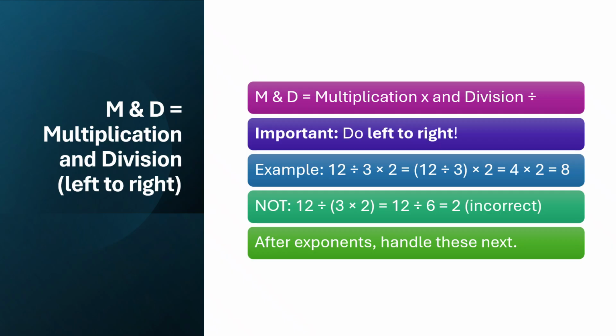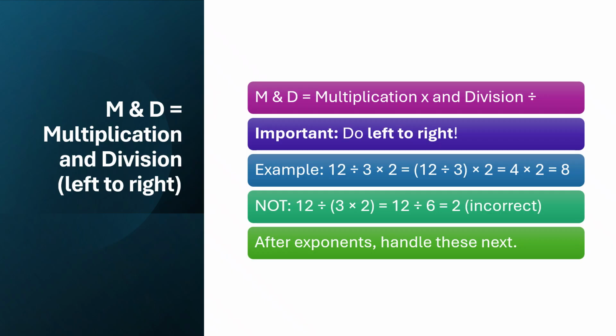Once grouping and exponents are done, we move on to multiplication and division. They share the same priority level, so you do whichever appears first from left to right. For example, 12 divided by 3 times 2. You divide 12 by 3 to get 4, then multiply by 2 to get 8.